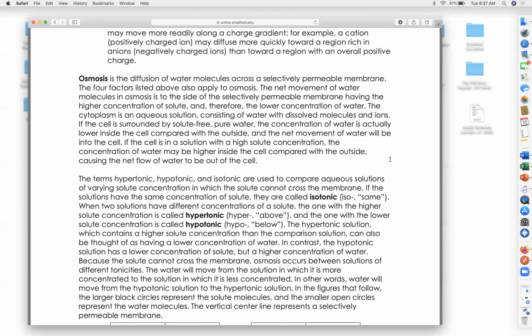And here's the analogy regarding osmosis. What happens when you go to Macy's or Nordstrom and you go into the perfume counter and the lovely lady or gentleman sprays you right there at the counter? At that moment, the concentration around you and that perfume bottle is high. But what do the molecules of that perfume bottle want to do?